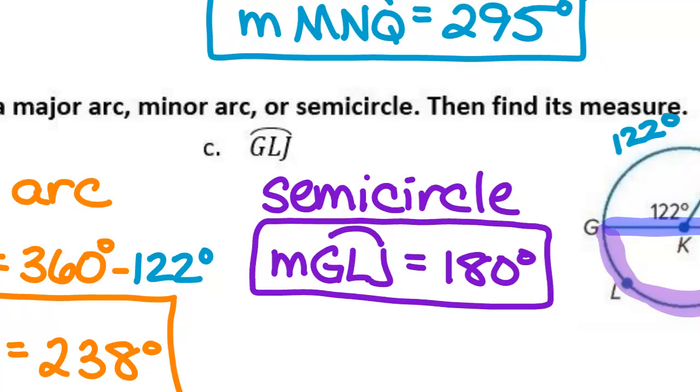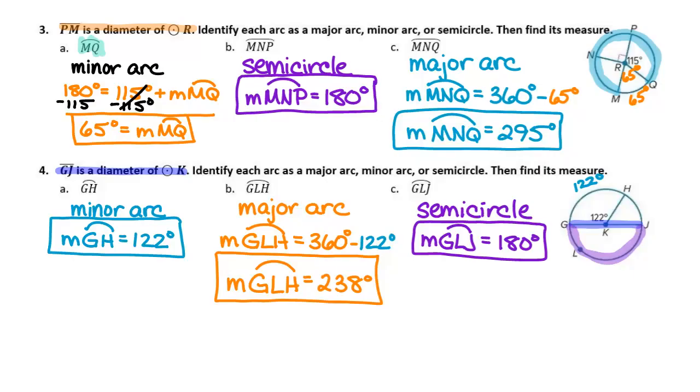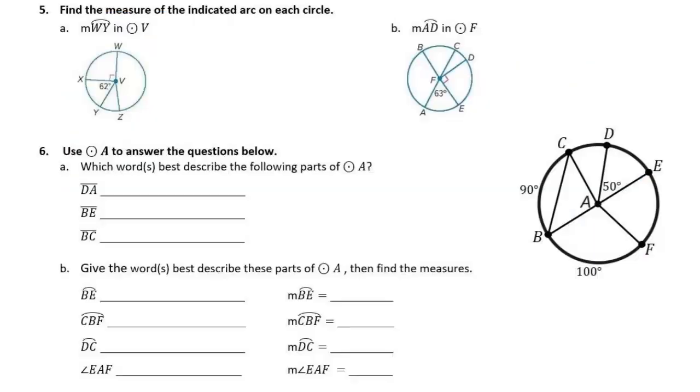All right. Let's flip the page over. It says find the measure of the indicated arc on each circle. The measure of arc WY in circle V. So let's go find arc WY.